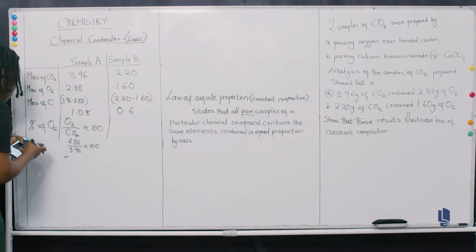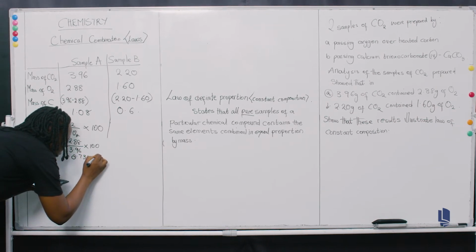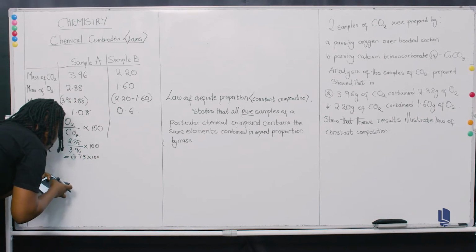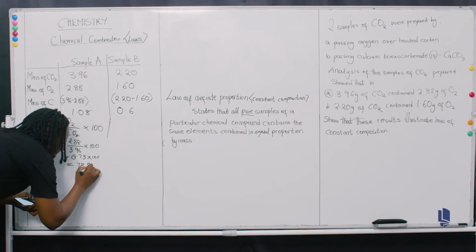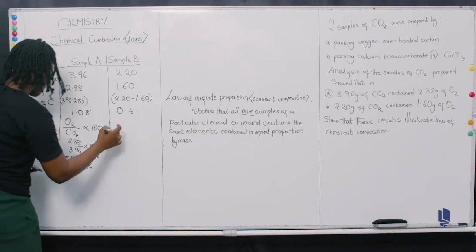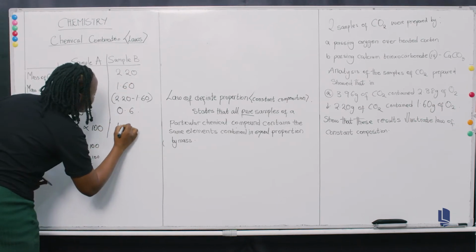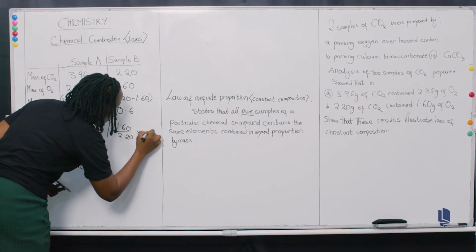That's 0.73 multiplied by 100, and that would be 73% approximately. For sample B, it would be 1.60 over 2.20 times 100.